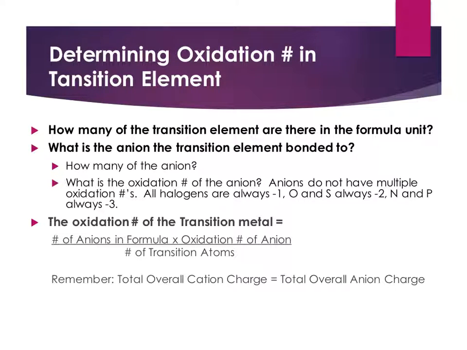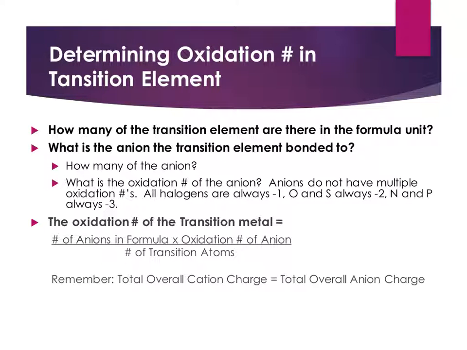So you should know that nitrogen and phosphorus, for example, are always going to be -3, sulfur and oxygen -2, all the halogens -1. And you do know the charge on the polyatomic ions because you have a list that you can consult during a quiz or a test that gives you the oxidation number of that particular polyatomic ion.